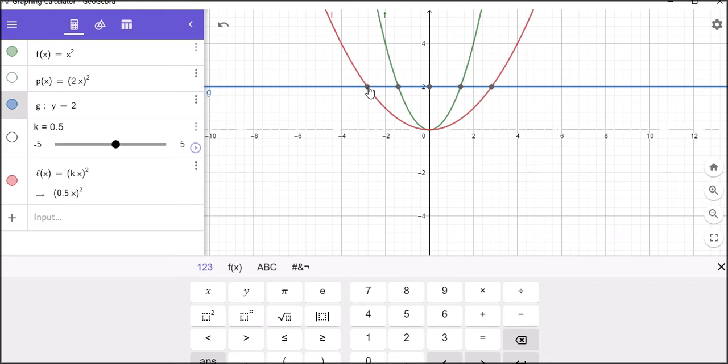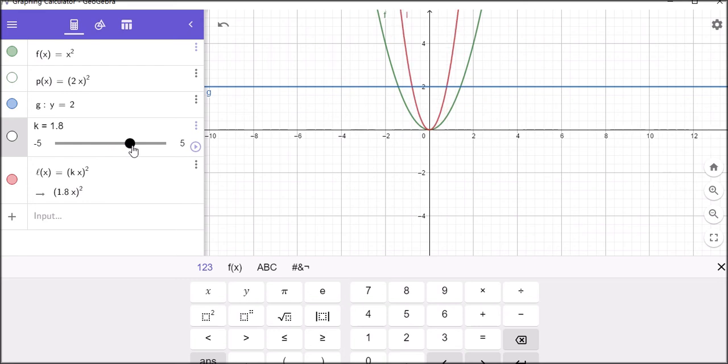Under the same y value, we compare the x value. After the transformation, the x value is more than the parent function's x value. So that means it's stretched in the horizontal direction. Now change k to more than 1, like 2.3.